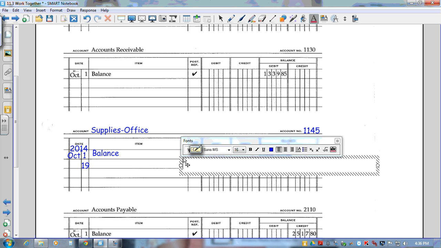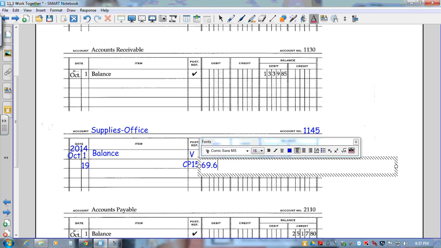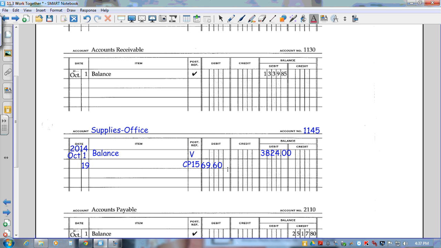It came from the cash payments journal, so CP 15, because it was page 15. And it was a debit for $69.60. So in my debit over here, I'm going to put $69.60. And see if I can slide that over a little bit.